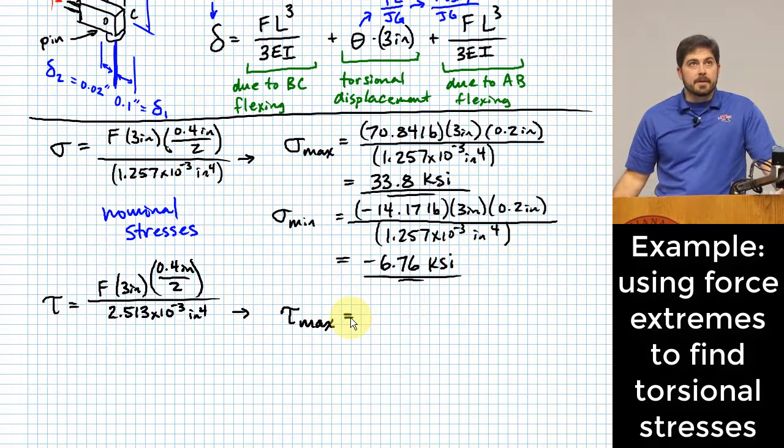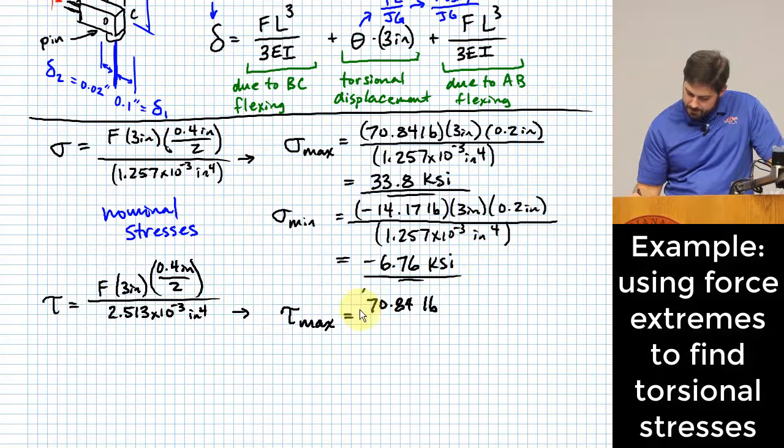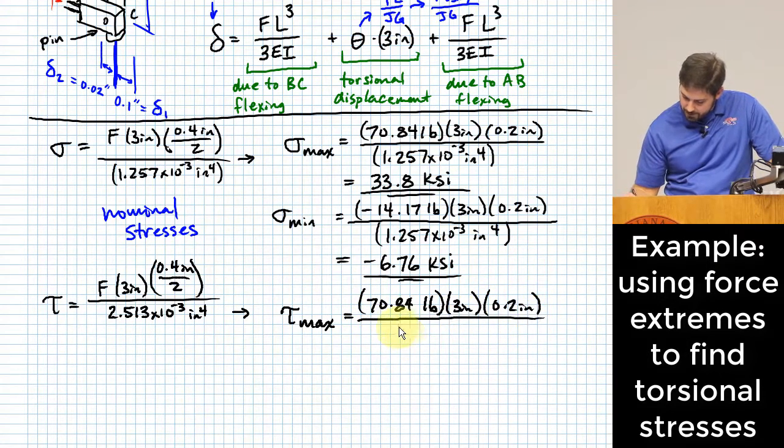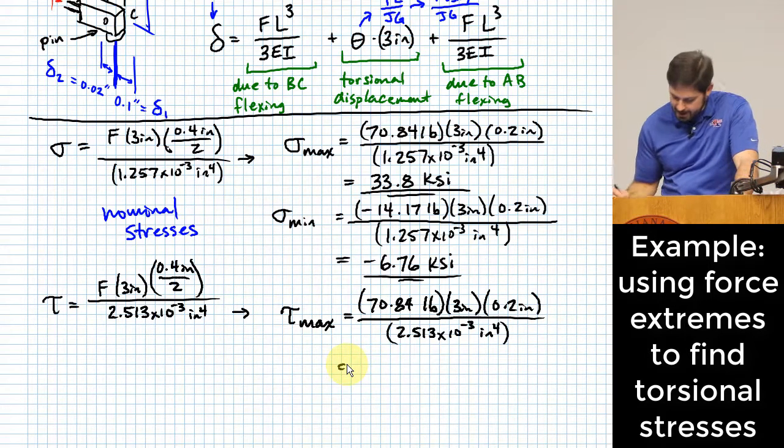All right. So what's our max? 70.84 pounds times 3 inches times 0.2 inches, all over 2.513 times 10 to the minus third inch to the fourth. This is going to be equal to 16.9 KSI.